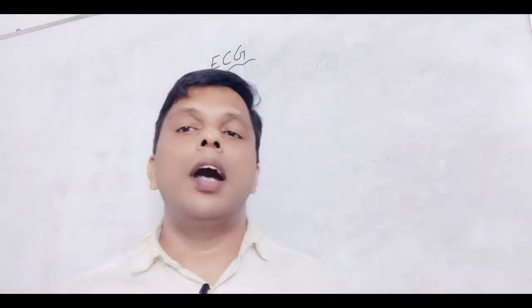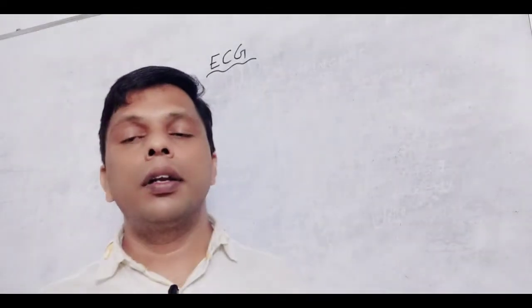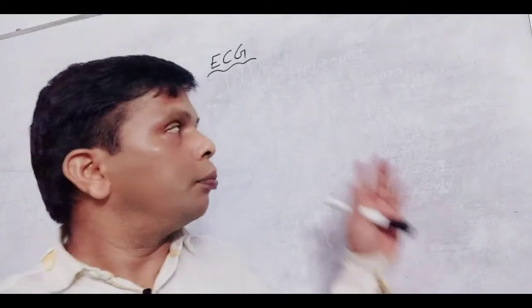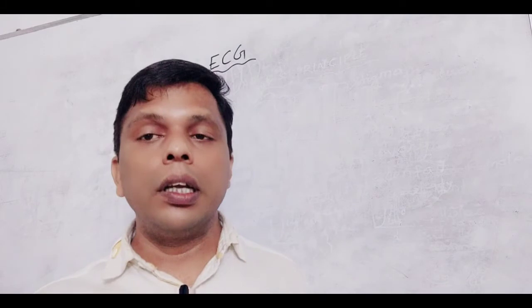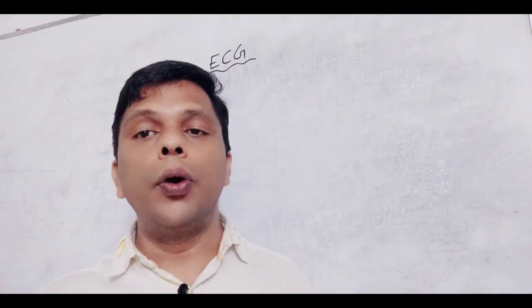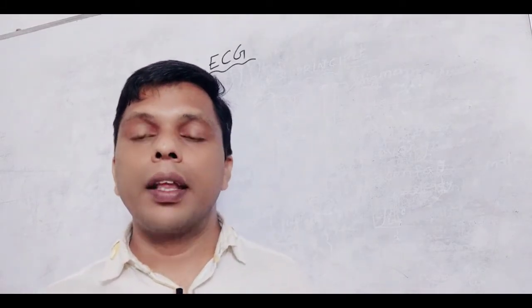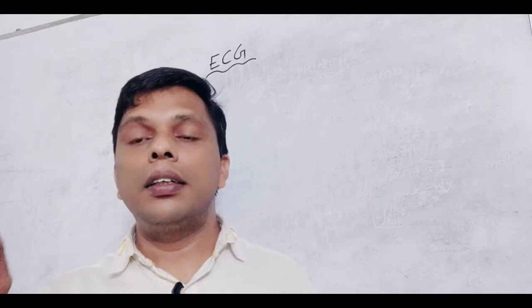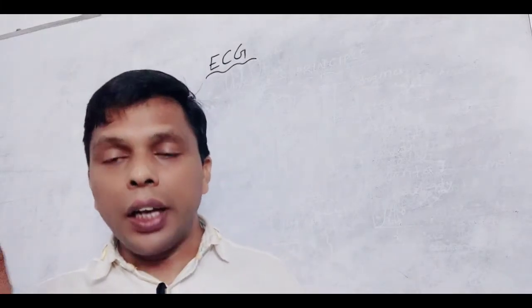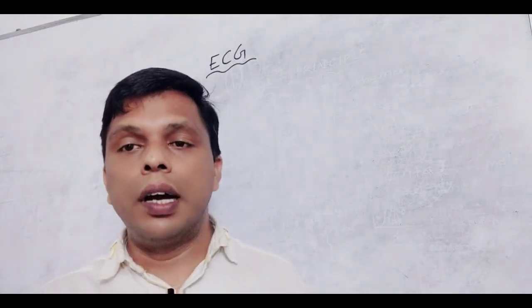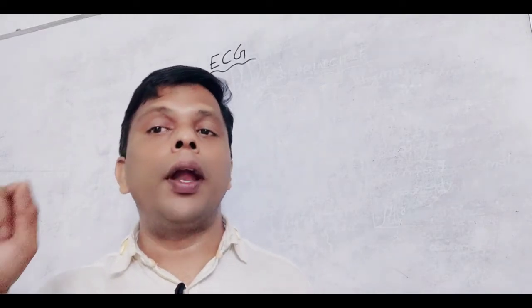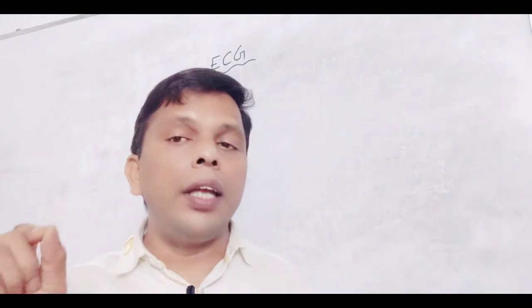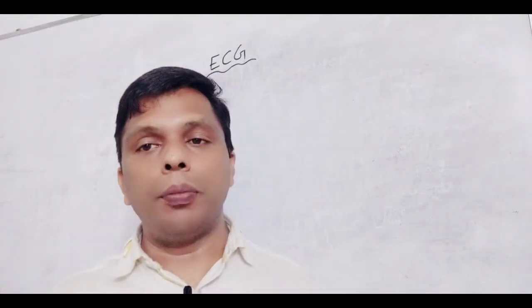Today I again welcome you all to this channel for another video tutorial that is about electrocardiograph. The machine is itself called an electrocardiograph, and the electrical record obtained by it as a graph is called an electrocardiogram.